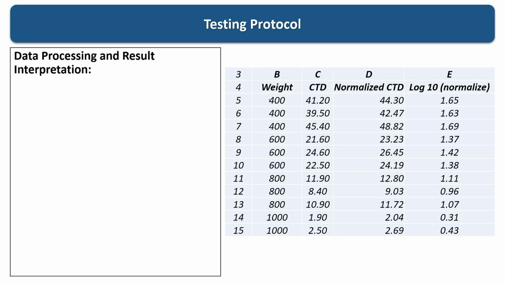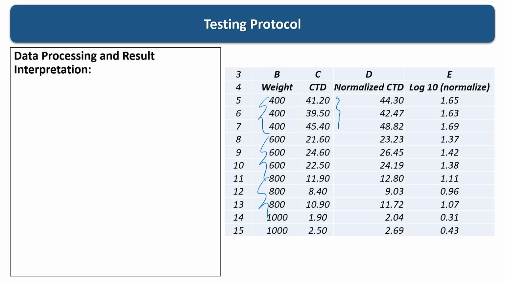For each weight we get 3 readings of the cut through distance. So, for 400, 600, 800, 1000, in this way we get a total of 15 data points here. This is only typical.